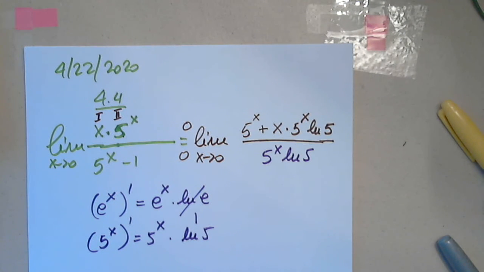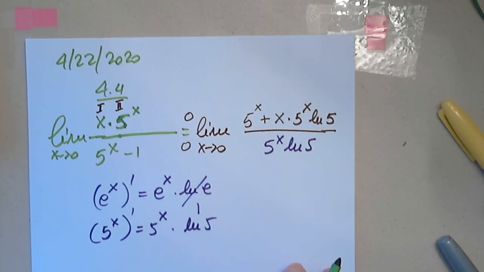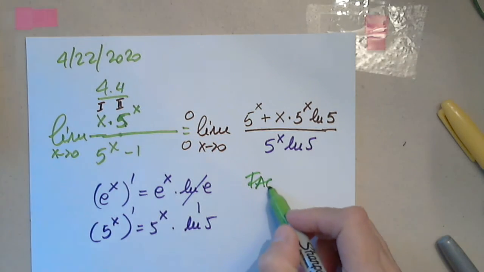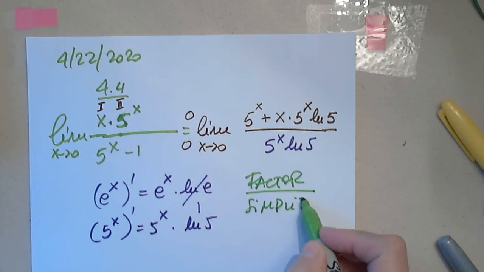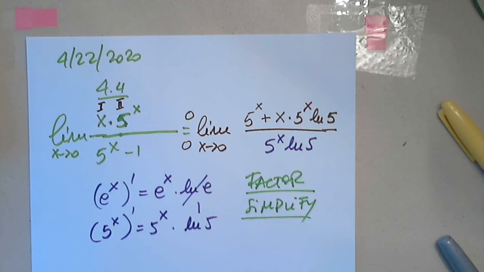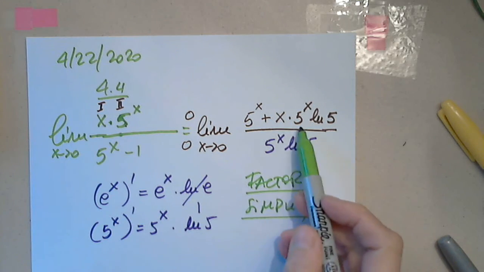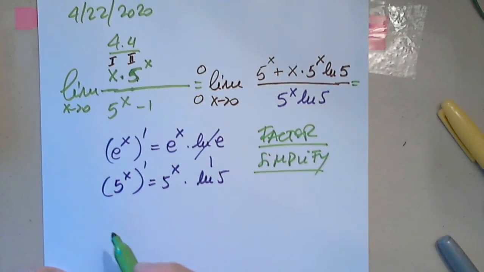Remember the two keywords that you should always have in the back of your mind. Factor is one. Simplify is the other keyword. So then, of course, I see that 5 to the x can be pulled out.